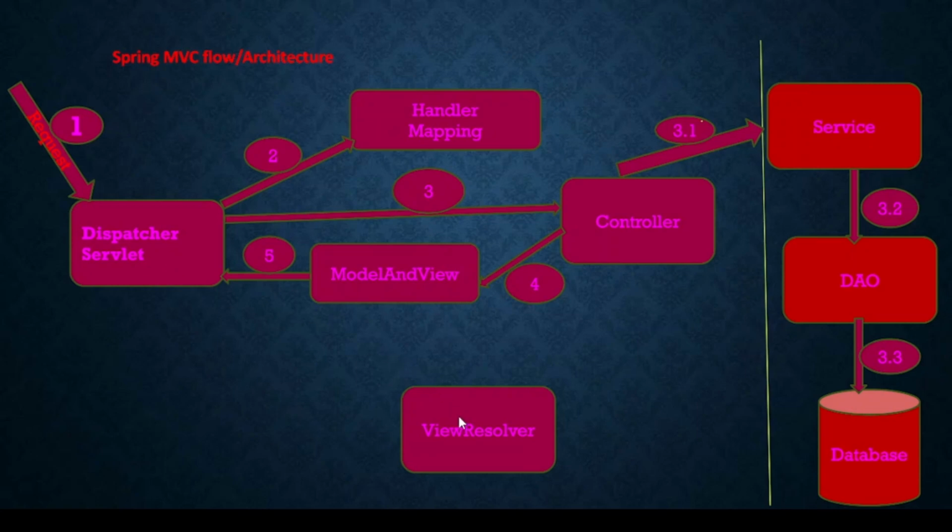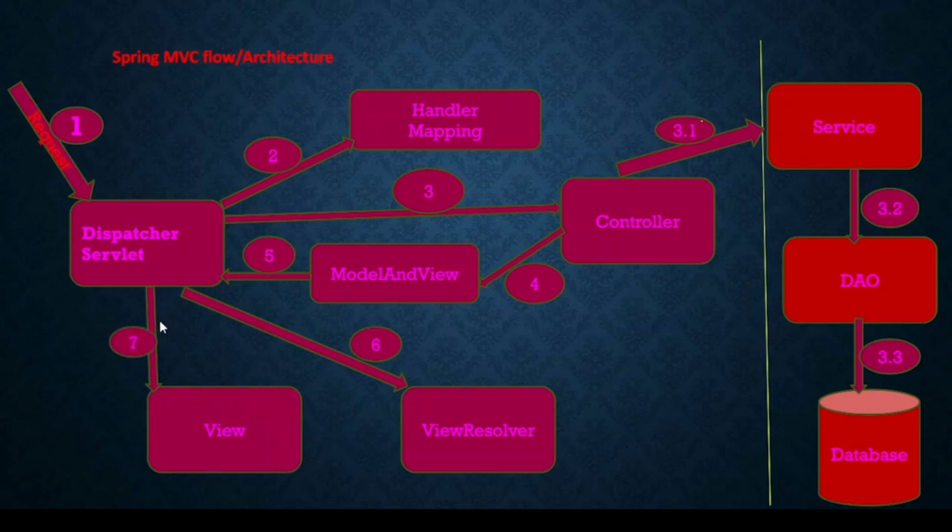With the help of the view resolver, the dispatcher servlet gets the physical view. Once it gets the physical view name, with the help of the view, it will render the data to the particular view. That is the final step.